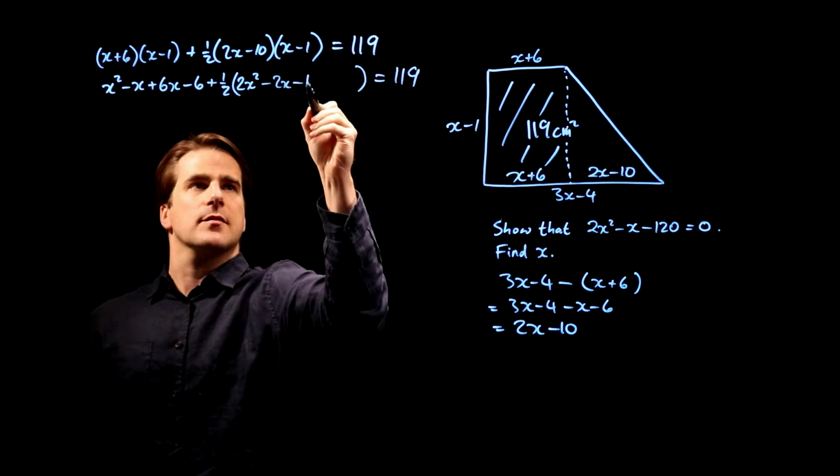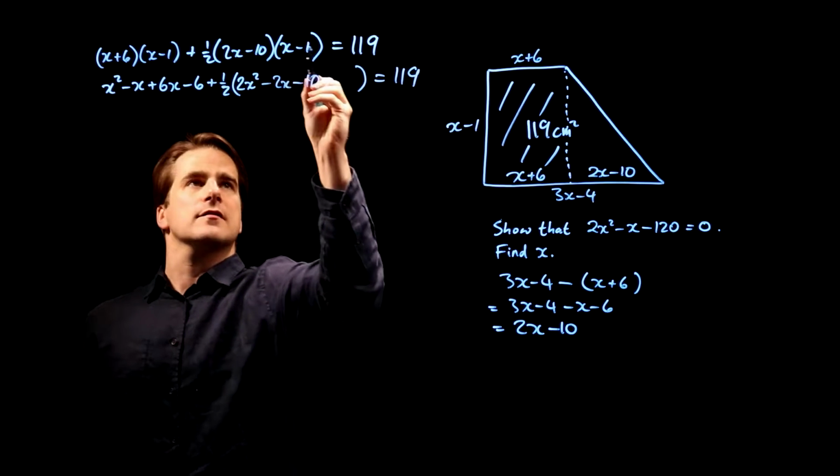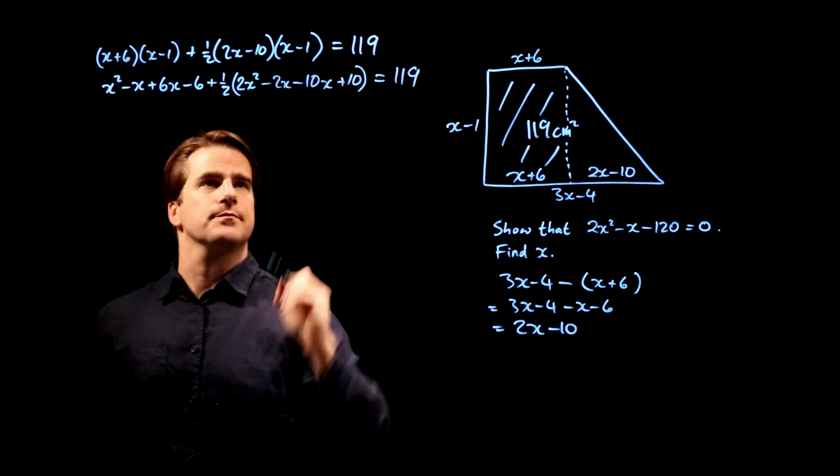Minus 10 times x is minus 10x. And minus 10 times minus 1 is plus 10, equals 119.